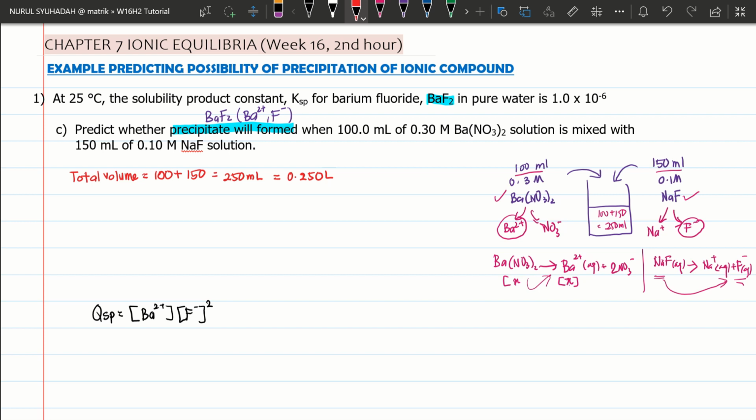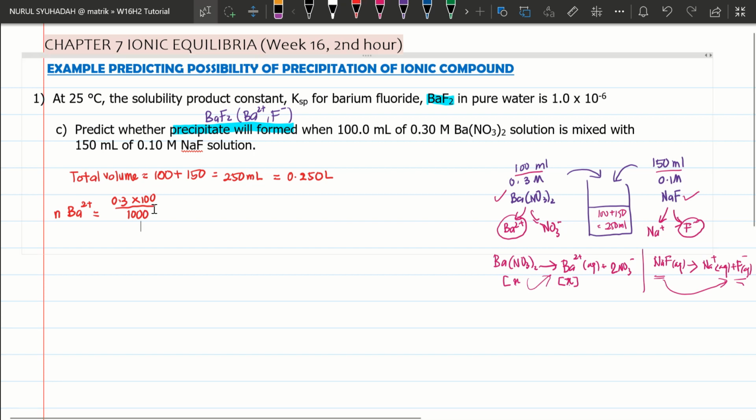Okay, so I'll erase this first. Okay, we find the number of mole of Ba2+. So number of mole of Ba2+ is the original concentration 0.3, times 100 over 1000. The division by 1000 is actually for us to convert milliliter to liter.